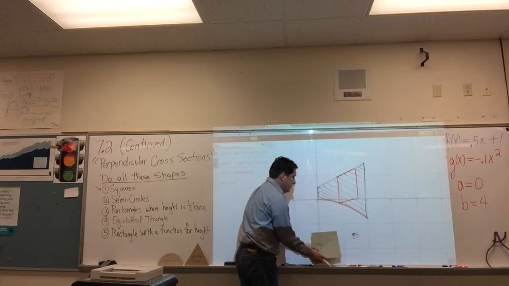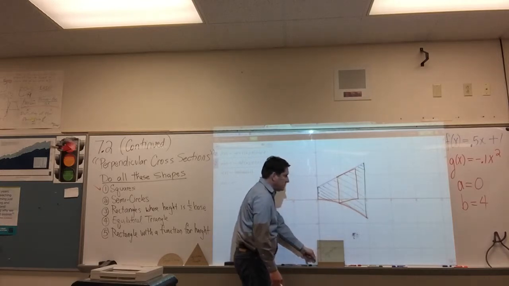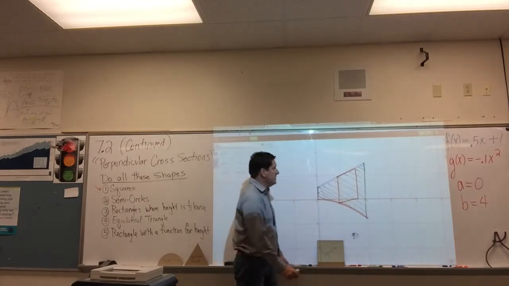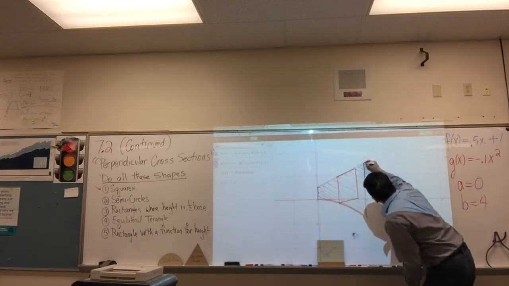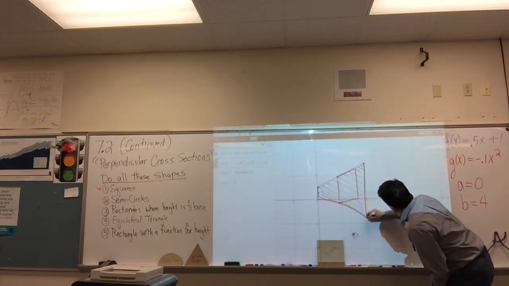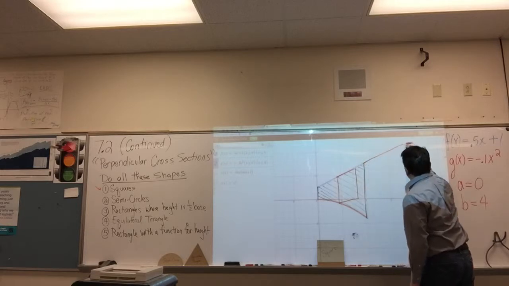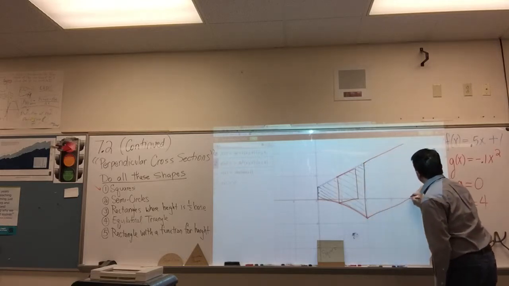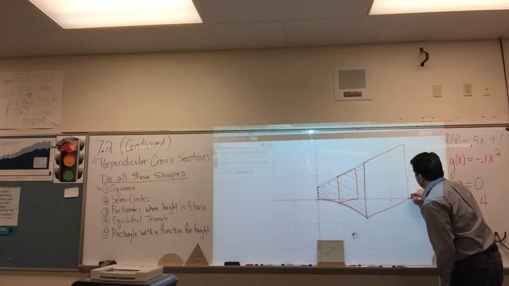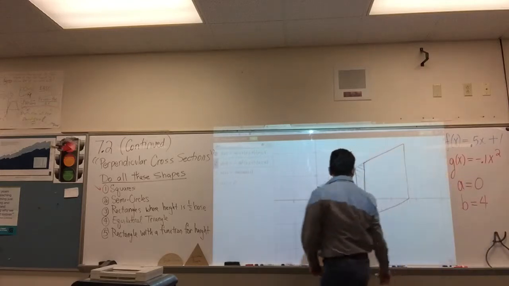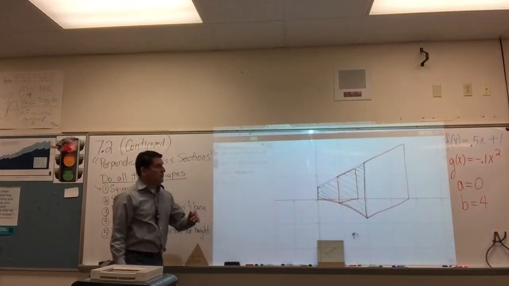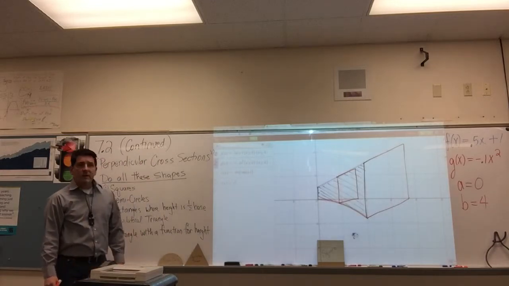Okay, so let's do the other ones the same. I always like to do the end ones. So the one on the end would go here, and this is the biggest square. That's the square that's projecting out, and it's the one on the end.